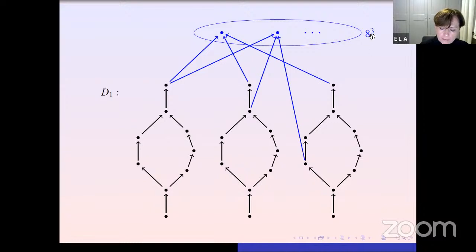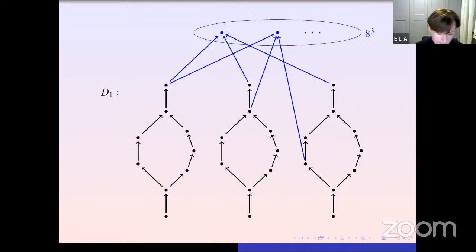For every subset of 3 vertices, we form one vertex which is dominated by these 3 vertices. So for every 3 vertices, each from a different subgraph, we add one vertex.